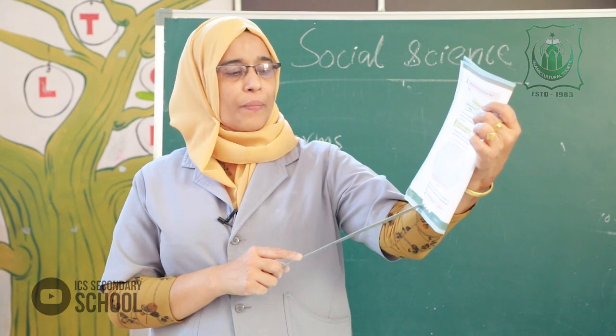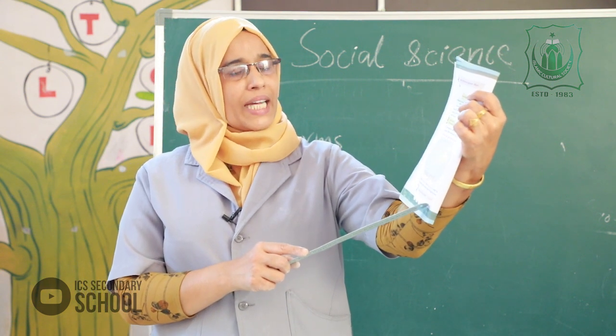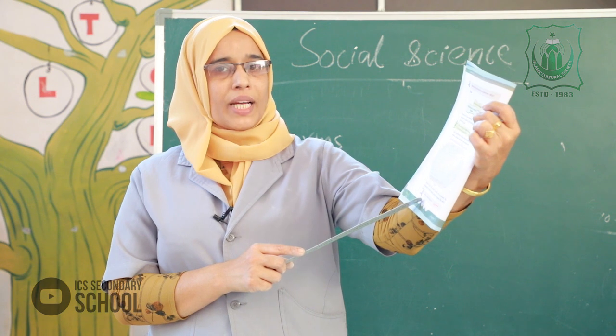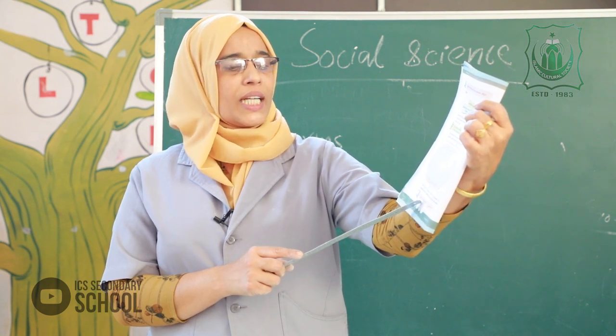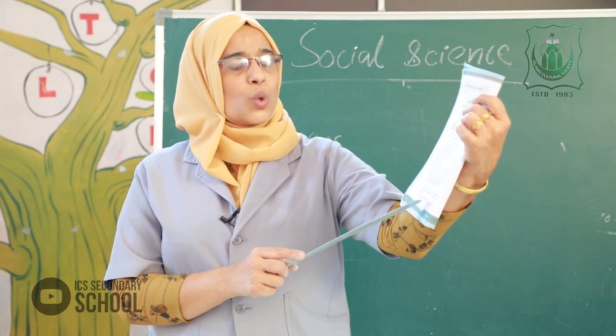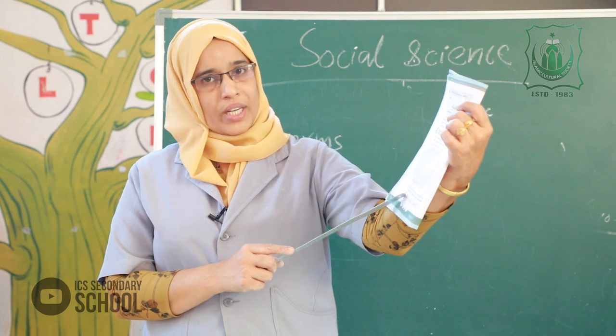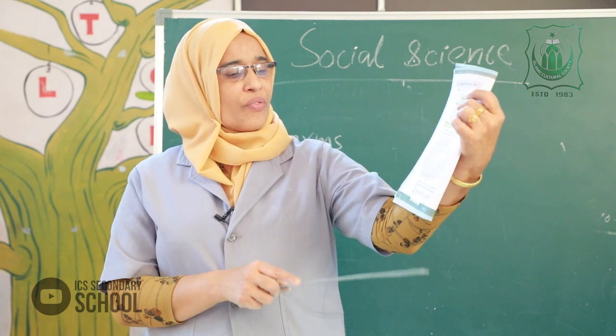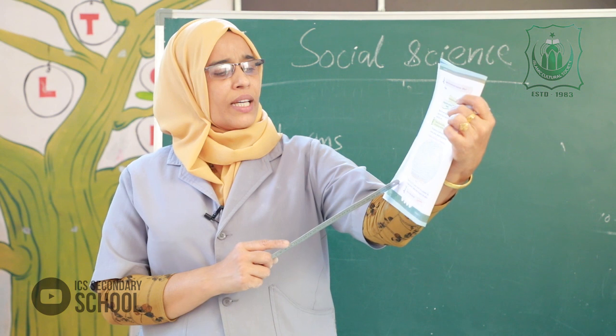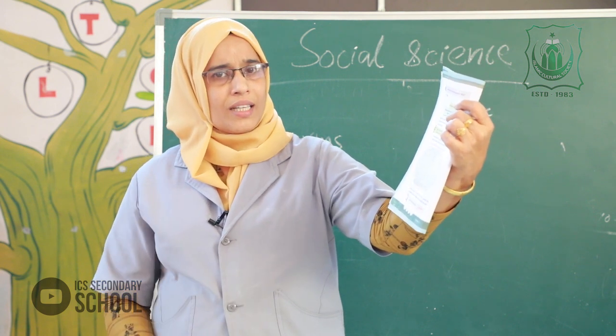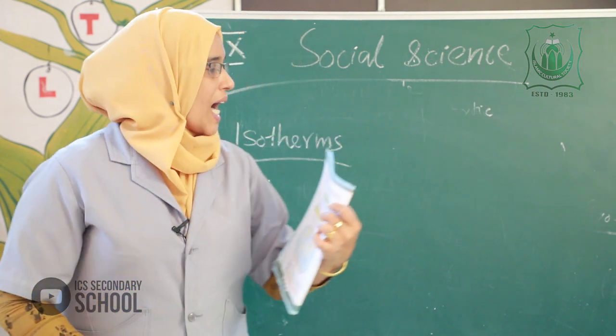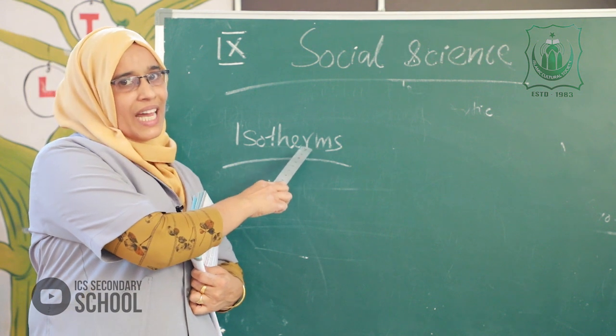The smooth curved lines represent the temperature recorded at different places throughout the earth surface. What are these lines called? These lines are called isotherms.